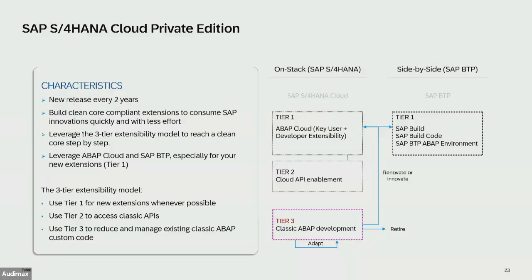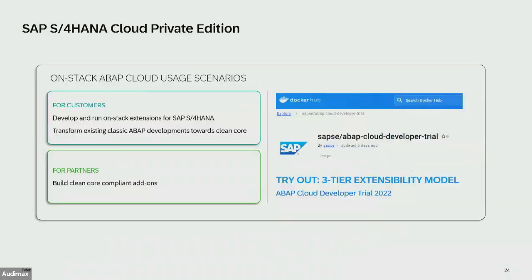Therefore, we must find those which are really making trouble during the upgrade. And that's what we're currently investing in, to select those so that you can adapt those in a way that they are not in the way during the upgrade. So that's step by step how we want to transform you to a model that you get to a clean core and the upgrades are less painful.